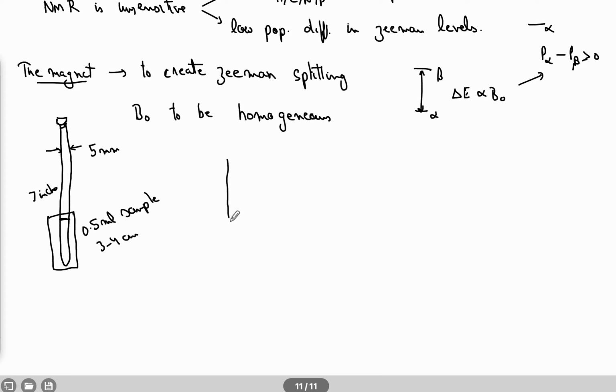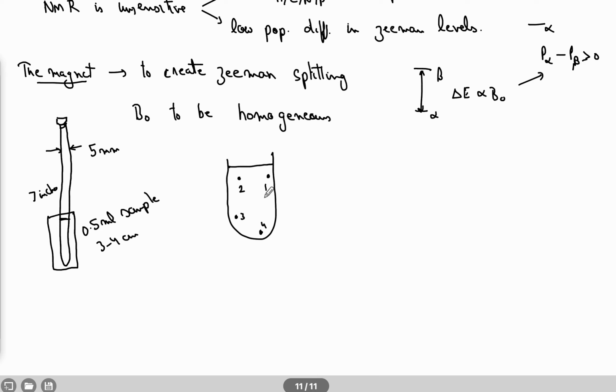So let's zoom in on this area a little. If this is our sample, the magnetic field which is experienced by a nucleus here, versus a nucleus here, versus here, versus here, all has to be exactly the same. Now why does it have to be the same? Let me name these molecules 1, 2, 3, 4.